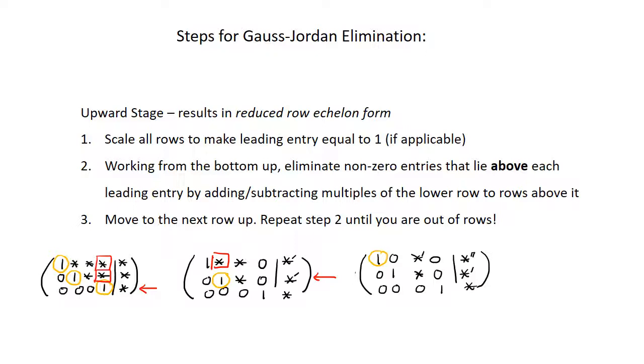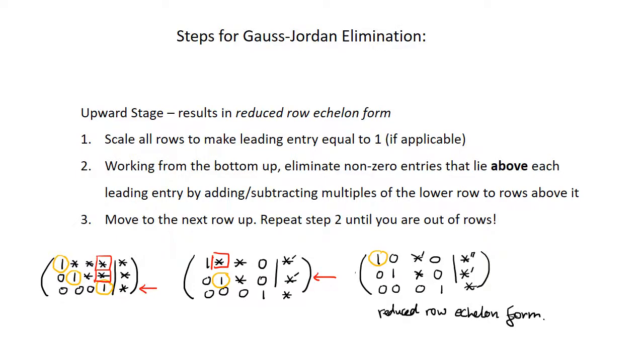A matrix in this kind of form, where the leading entries are all equal to 1, and they march to the right, and each column containing a leading entry has only one non-zero entry, this is something we would call reduced row echelon form. If it's in this form, then it's easy to solve the system by hand. So we can translate it back to our variables and be done with it.